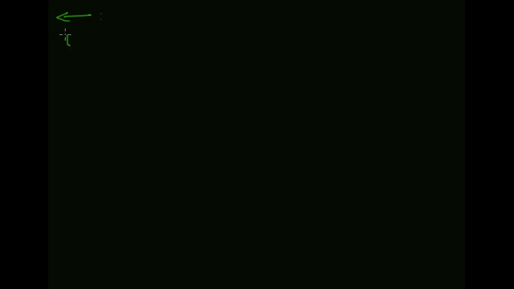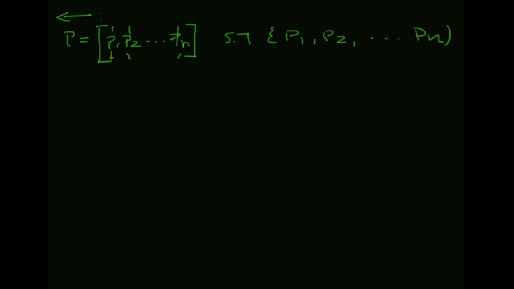We're going to let P be column P1, column P2, out to column Pn, such that the set containing P1, P2 out to Pn is orthonormal, right? So that's the goal.